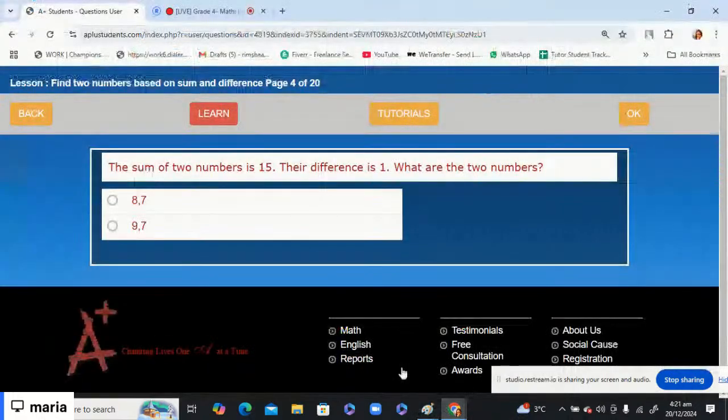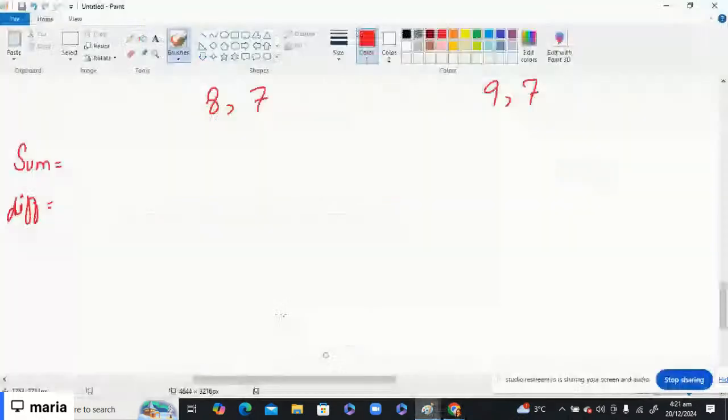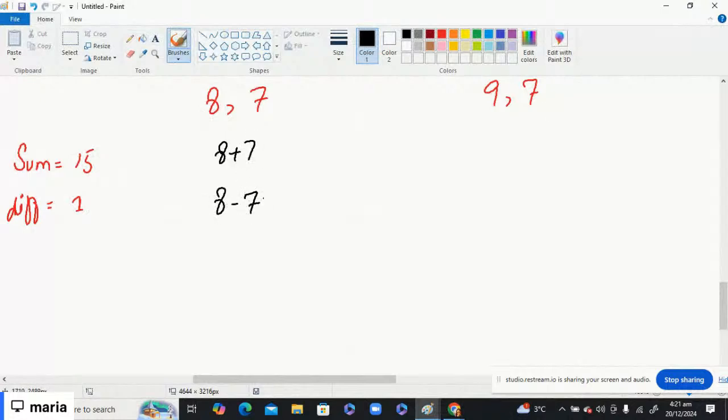Sum is 15. Difference is 1. Sum: 8 plus 7, difference: 8 minus 7. 9 plus 7, 9 minus 7.